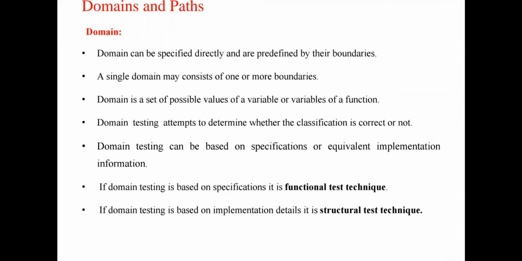That is called the implementation. When you do domain testing on the specification, it is called functional testing. When you do domain testing on the implementation, you are performing structural testing techniques.